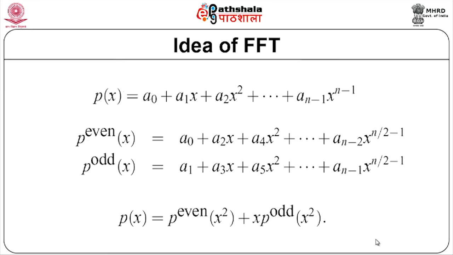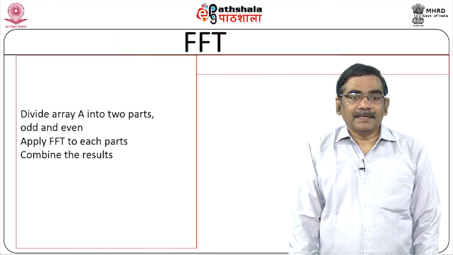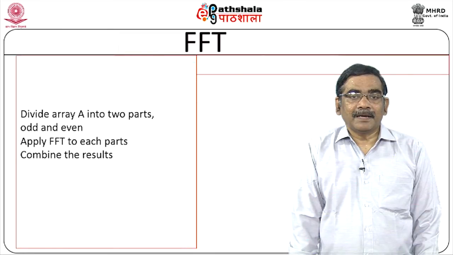So, informally the algorithm is we take the array, divide it into two parts, odd and even, apply FFT in a recursive manner, and finally combine the results.